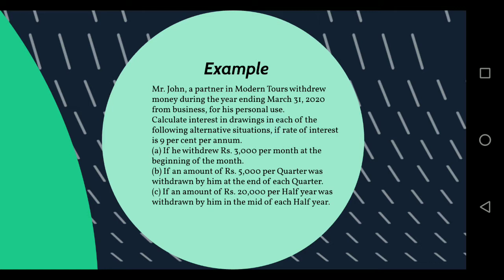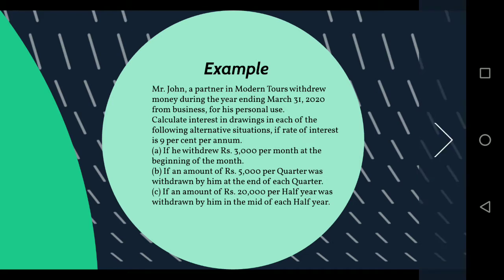First case is if he withdrew rupees 3000 per month in the beginning of each month. Second, if the amount of rupees 5000 per quarter was withdrawn by him at the end of each quarter. And the third case is if the amount of rupees 20,000 per half year was withdrawn by him in the mid of each half year. So here we have three cases, monthly, quarterly and half yearly, with different periods.